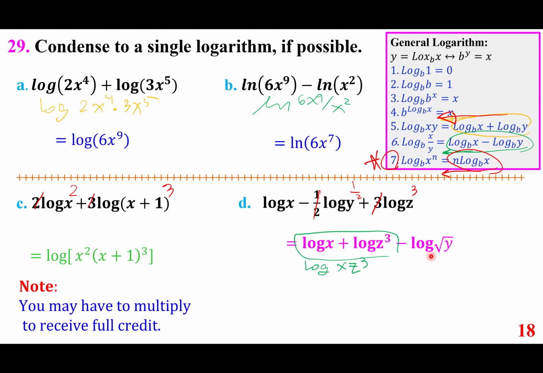And now we are going to go back to number 6, everybody. Again, the reverse process. Log, of course, we don't write the base because there is no base. That means the base is 10, of xz cubed over square root of y. That is the final answer.